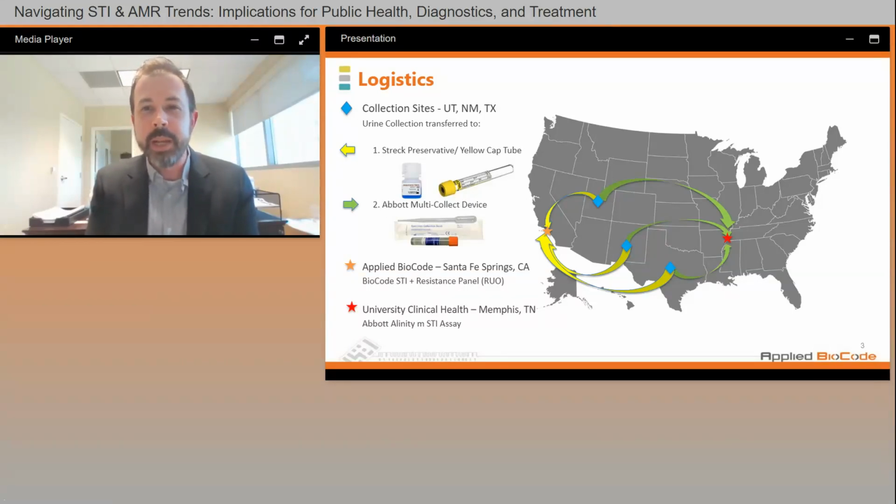The samples for this study have been collected at 3 Access Research Group sites in New Mexico, Utah, and Texas. The study tries to streamline sample collection with specific inclusion and exclusion criteria.